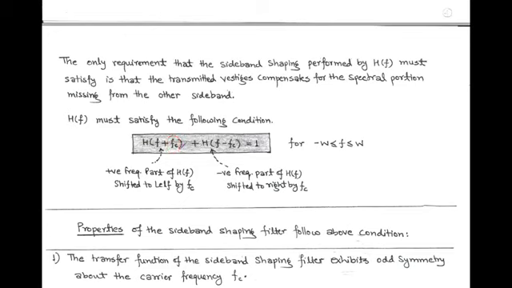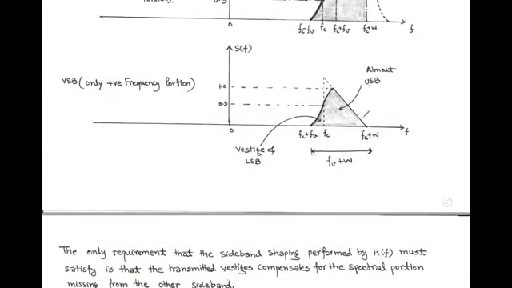In the condition, the first term represents the positive frequency part of the bandpass transfer function H(f), shifted to the left by fc, and the second term represents the negative frequency part of H(f), shifted to the right by fc. So this is a condition that must be fulfilled by the sideband shaping filter to obtain the requirement for the generation of the vestigial sideband.